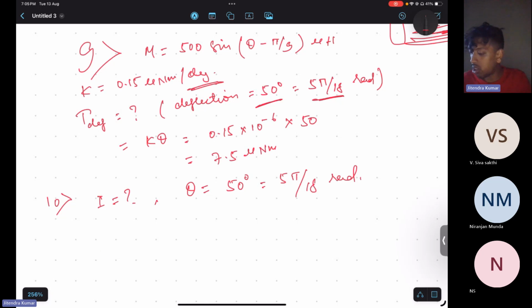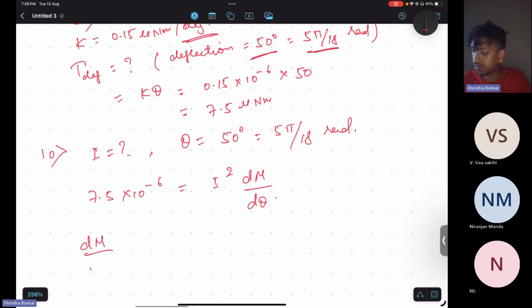So again, we got the torque, 7.5 into 10 to the power minus 6 is equal to I square dM by d theta. So for that, we need to calculate dM by d theta corresponding to theta equal to 5 pi by 18.